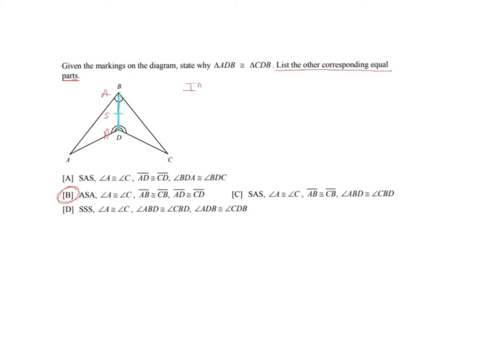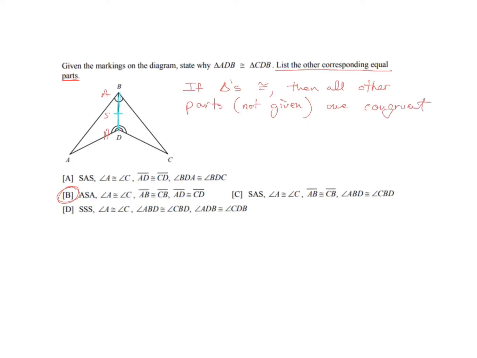So if I know these triangles are congruent, then all other parts, other meaning parts that were not given, are congruent. And basically I'm making up my own rules here.